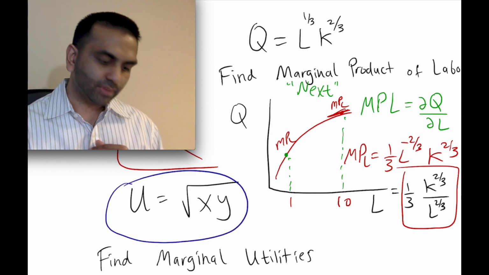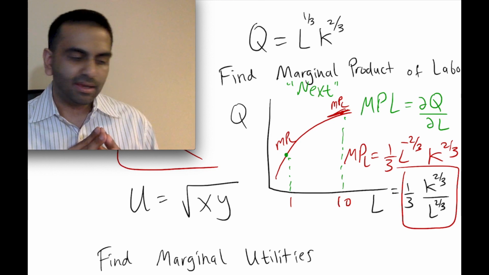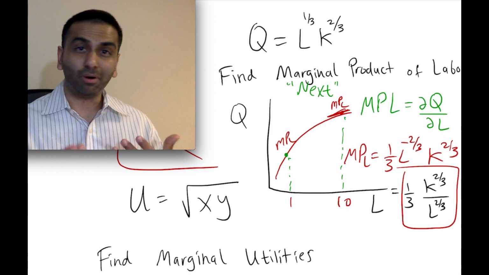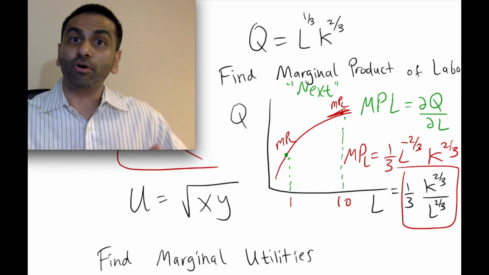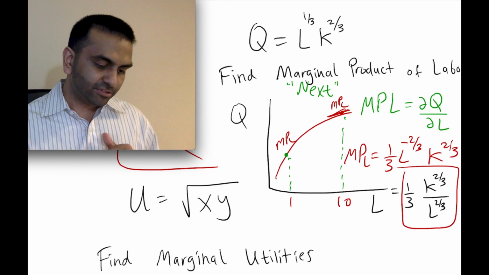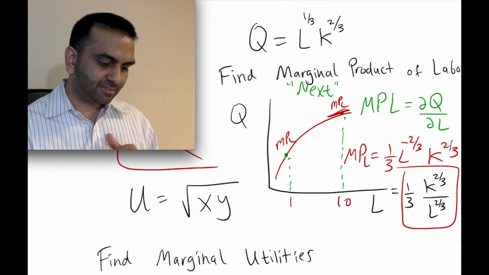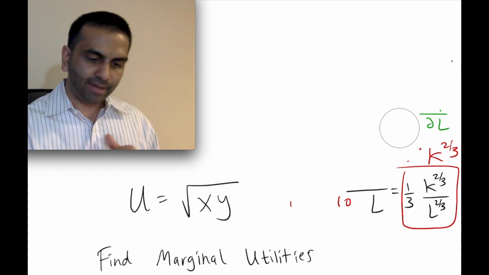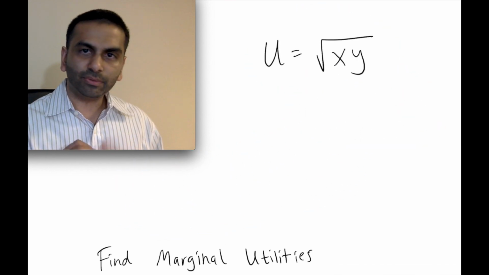Utility, we could think of that as relating to preference. And long story short, the higher your utility, the happier you are, and you prefer bundles of objects that give you more utility than less utility. So if you have a utility function, and it's given by this guy over here, u equals root xy, let's just put this over here, u equals root xy.